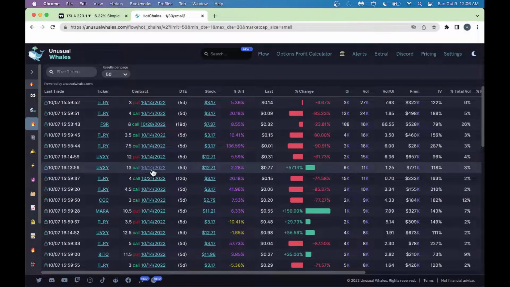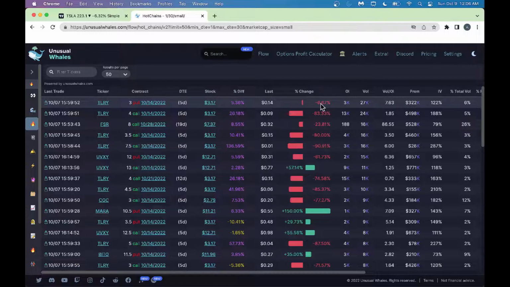What this is saying is right now we got Tilray here, and the last trade was just before the close. Somebody just bought 3 puts here, and they're putting some money in. Look, last price was 0.14, and the change is slightly negative.